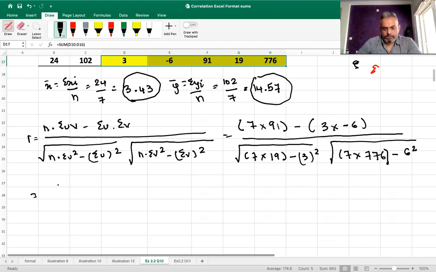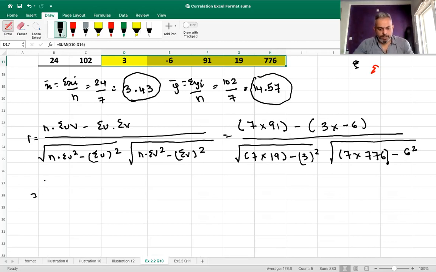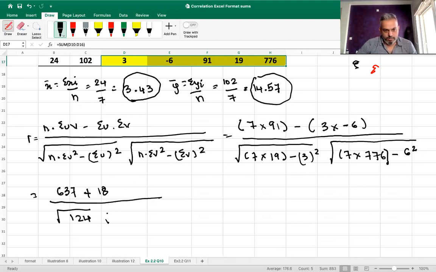So which is equal to 7 into 91, which is equal to 637 minus 3 into minus 6, which is minus 18, so minus and minus makes plus, upon under root of 7 into 19 is equal to 133 minus 9 is 124, and 7 into 776 minus 36, which is equal to 5396.